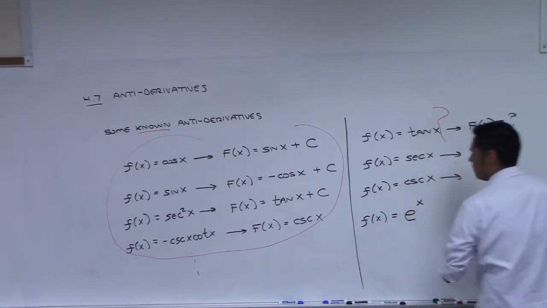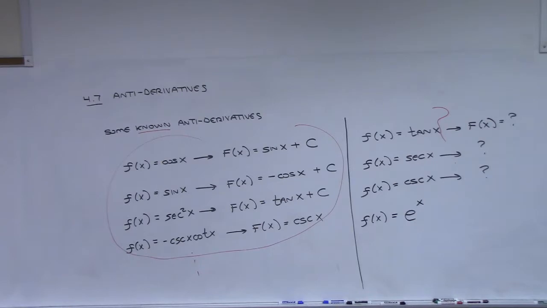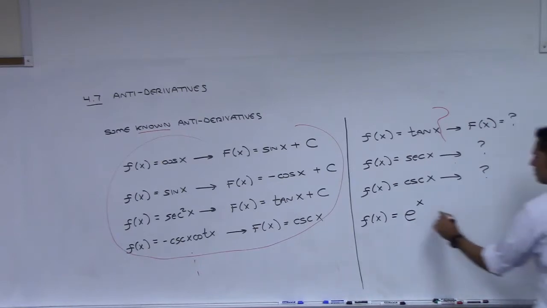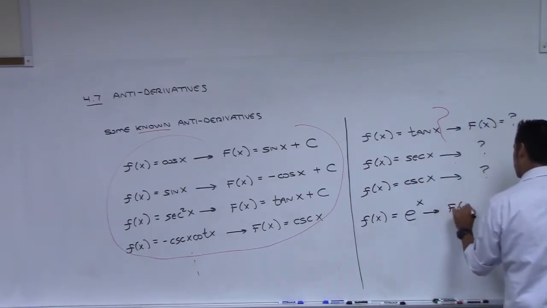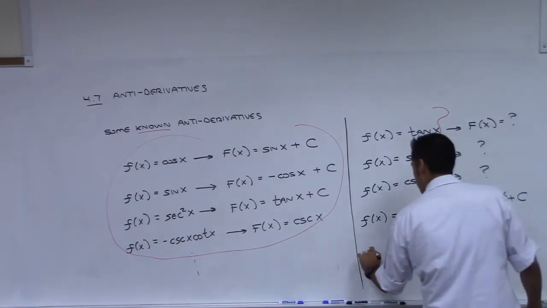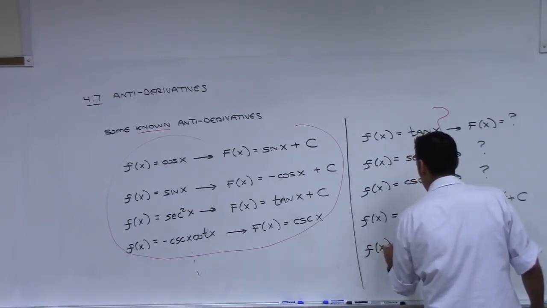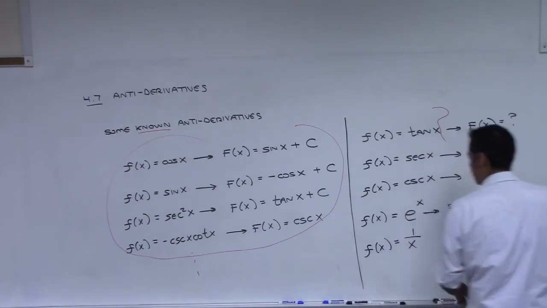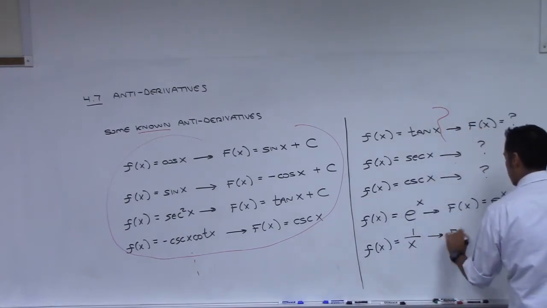E to the x, right? Plus a constant. There's another one that you should know. 1 over x. Natural log.